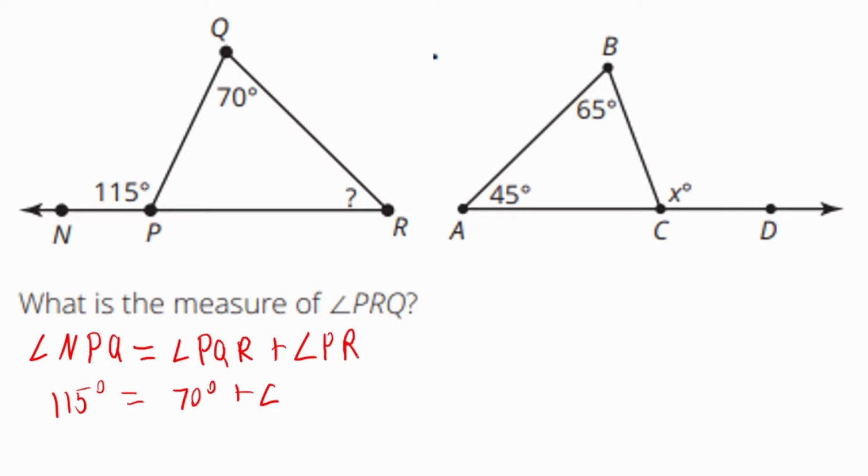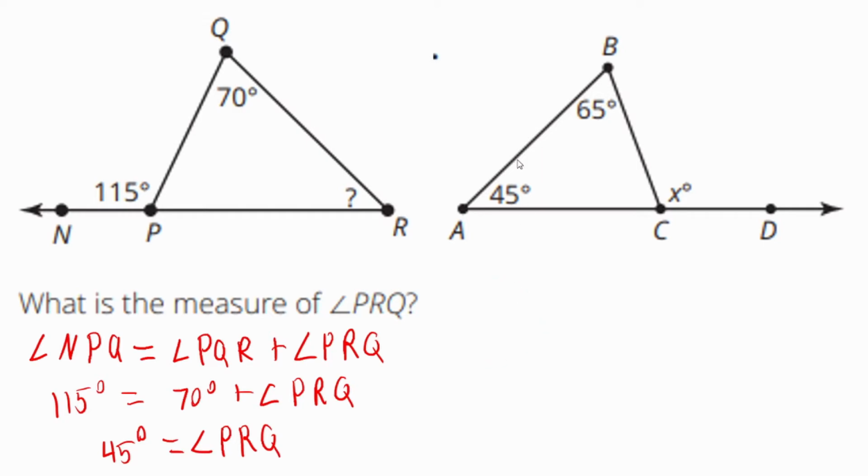PRQ. We're keeping it consistent with the question here. PRQ. We don't know that. So what we could do is subtract 70 from both sides. And what's that going to give me? That will give me 45 degrees equal to angle PRQ. Awesome.